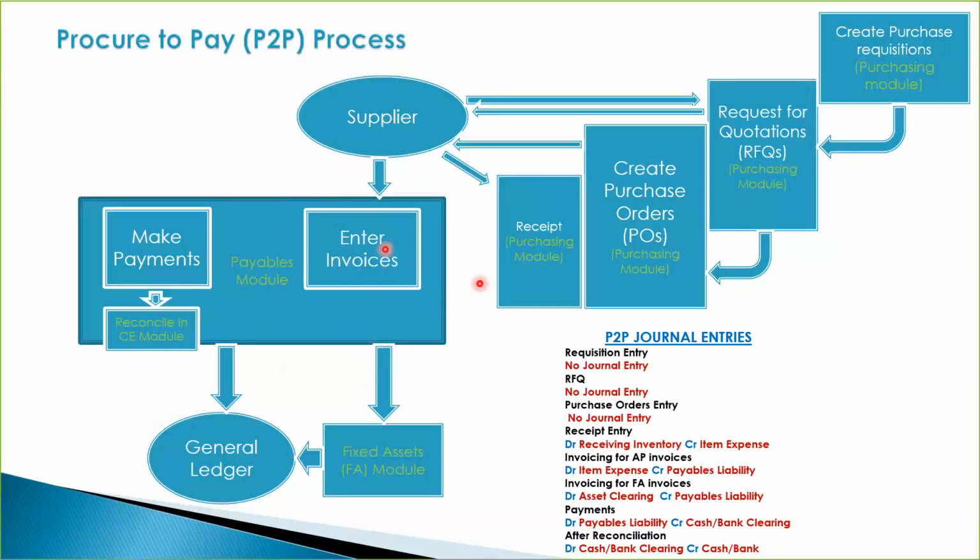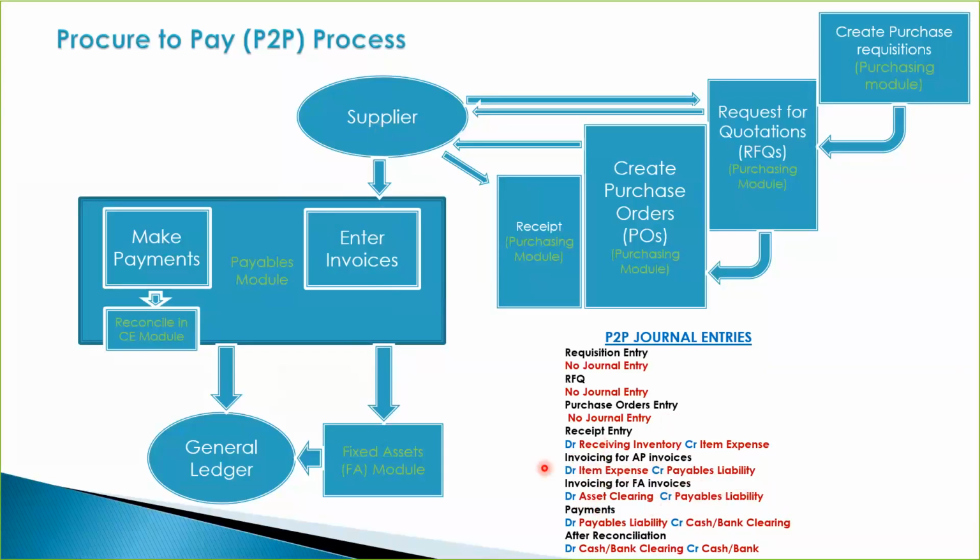Because these setups are interconnected between different modules, the system will know that the invoice entered in the payables module is a fixed asset type of invoice. If that is the case, the journal entry will be a debit to the asset clearing instead of the item expense, and then the credit will be payables liability, just the same way as if it was an item expense. You are basically recognizing that you have an obligation to pay your suppliers.